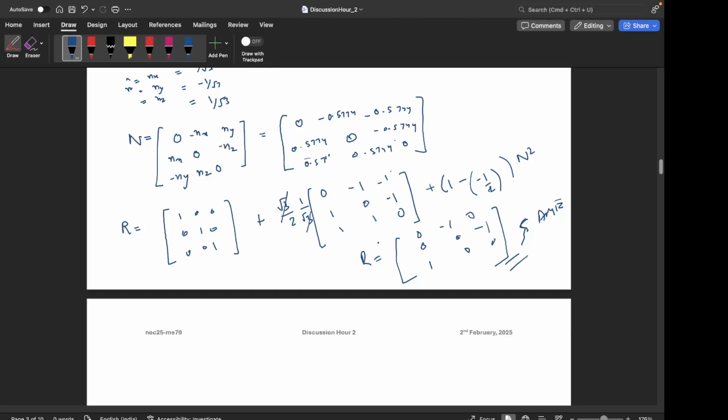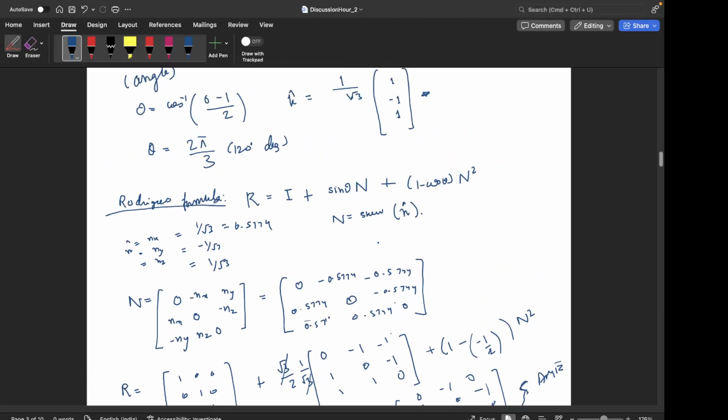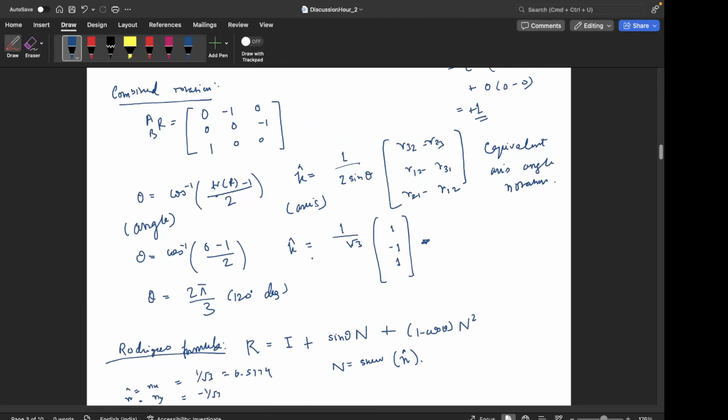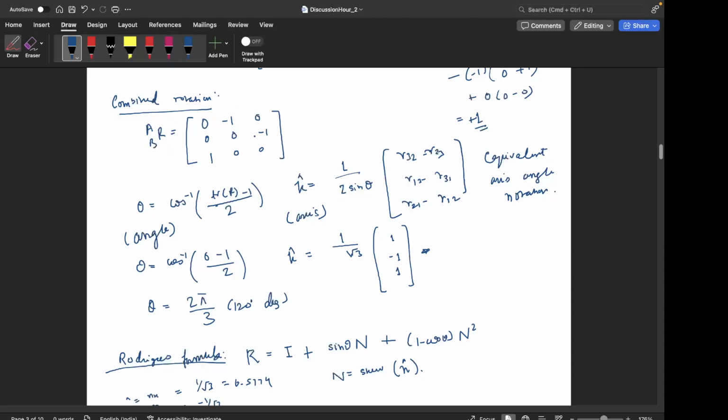So now what we have established is that any sequence of rotations can be represented by a single rotation about a specific axis, right? And how do we calculate that axis that we saw here is that first we should know the rotation matrix that we want to work with, for which we want to calculate the equivalent axis and angle.